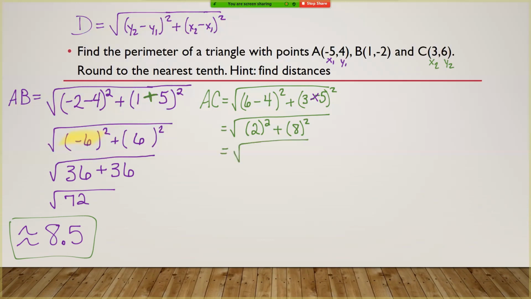So now underneath my square root, I'm going to square. 2 squared is 4. 8 squared is 64, and then I'm going to combine those two to get 68. And then again, in my calculator, I'm going to compute the square root of 68, which is 8.2 approximately, again, when you round. And again, I'm going to keep that number for when I find the perimeter.